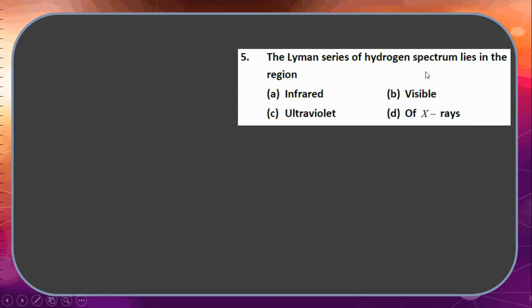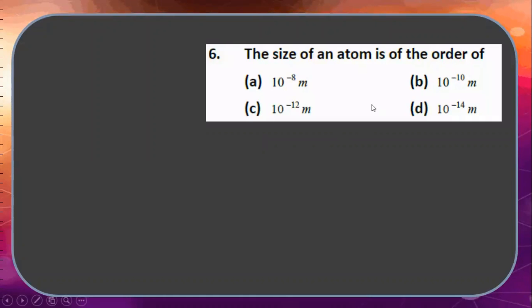Next. The Lyman series of hydrogen spectrum lies in the ultraviolet region. Then the size of the atom is in the order of 10 power minus 10 meters.